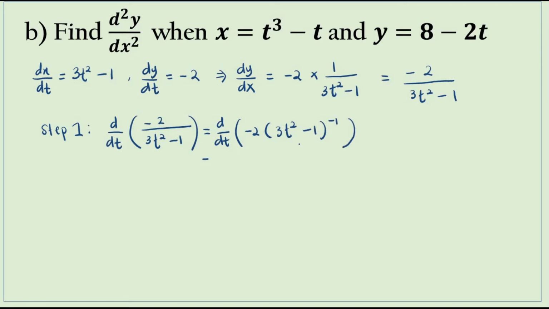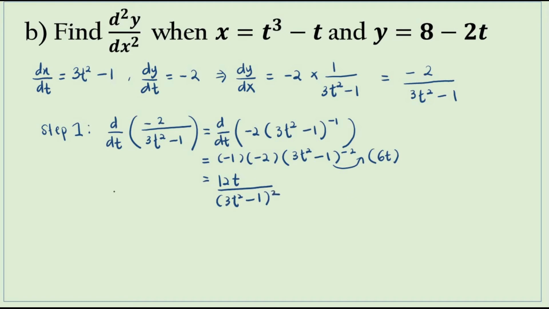Following the power rule, bring your power to the front, so we have negative 1 times negative 2. Copy everything inside the bracket, 3t squared minus 1, with the power now minus 2. And don't forget to differentiate what's inside the bracket, which gives us 6t. So we will get 12t divided by (3t squared minus 1) squared.